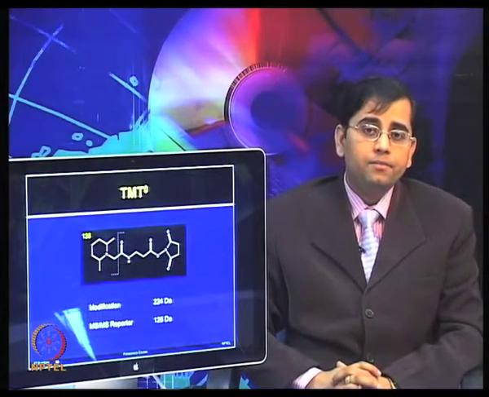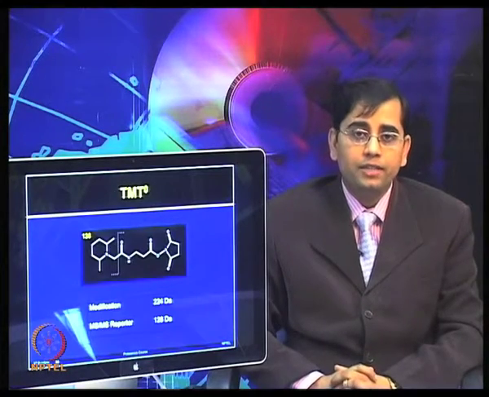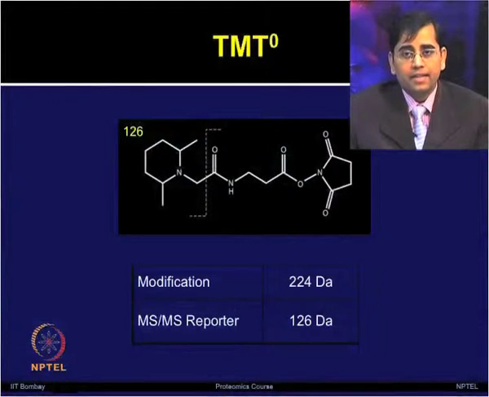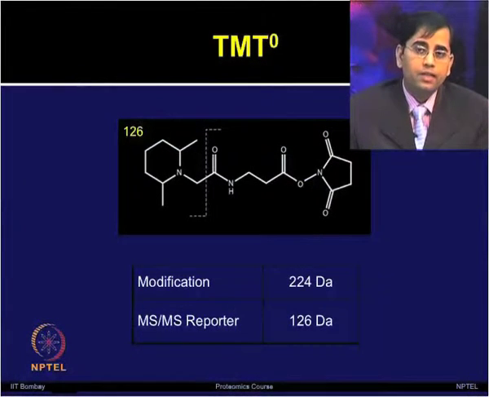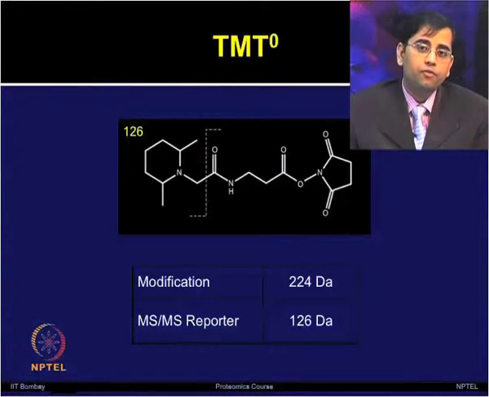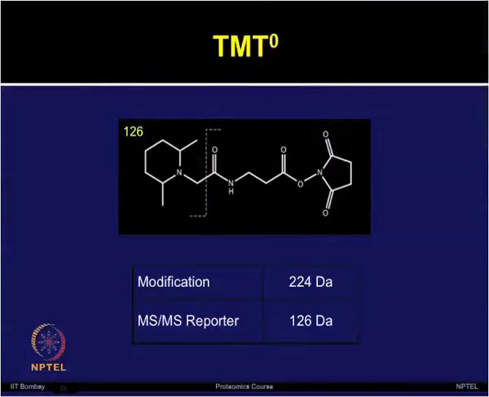Let us look at the TMT 0 label structure in more detail. The TMT 0 tag is used for testing and optimization of the sample preparation, labeling, fractionation and MS fragmentation for peptide identification and reporter detection. The modification is 224 Daltons and the MS/MS reporter ion is 126 Daltons.